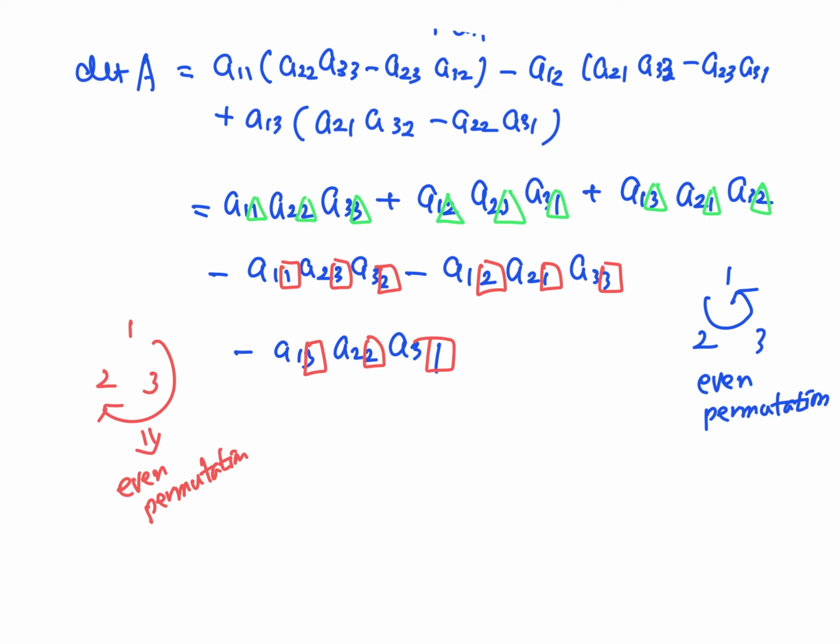So this can be put together into one simple notation, epsilon ijk.